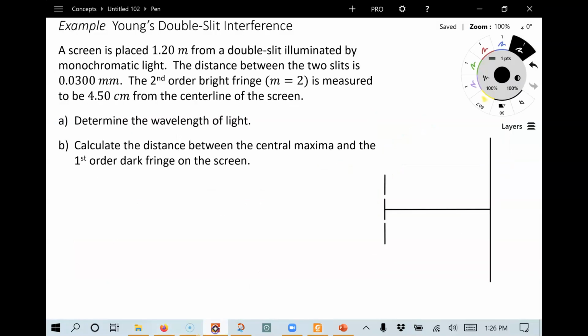So looking back at our problem here, we've got a few bits of information that we can write down. We know that the screen is placed 1.2 meters from the double slit. So that gives us our L value.